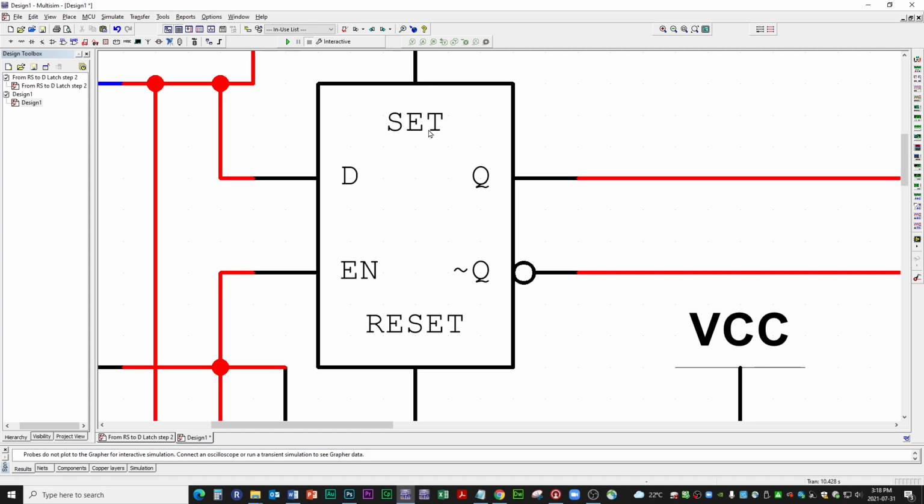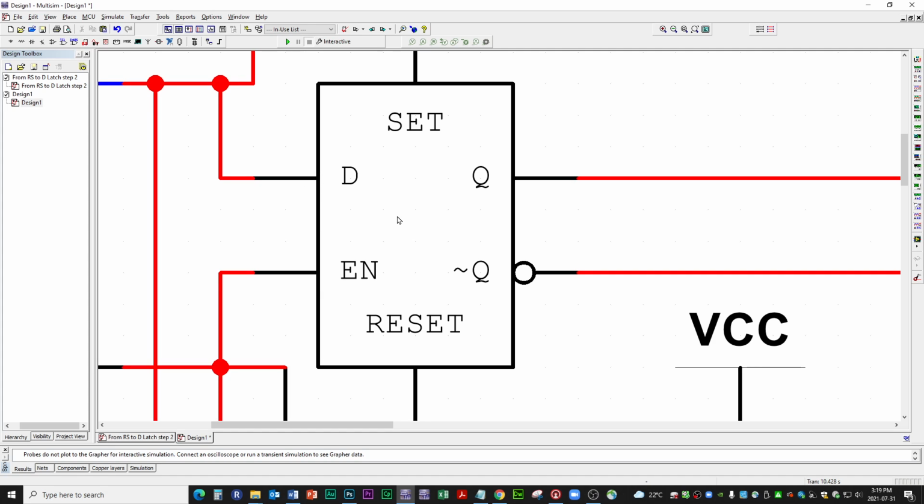On the other hand, if this goes back to 0 and this one stays low, the reset is high, then this whole device is going to go into the reset state, which means not Q will be high and Q will be low. Doesn't matter what's happening here.